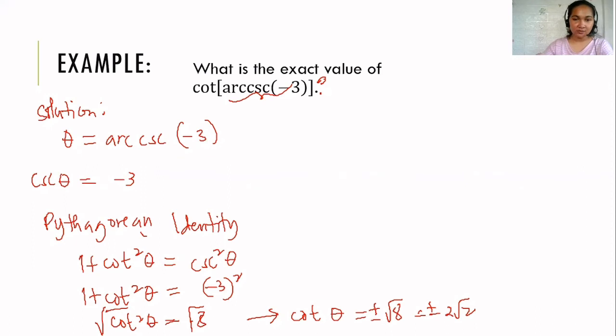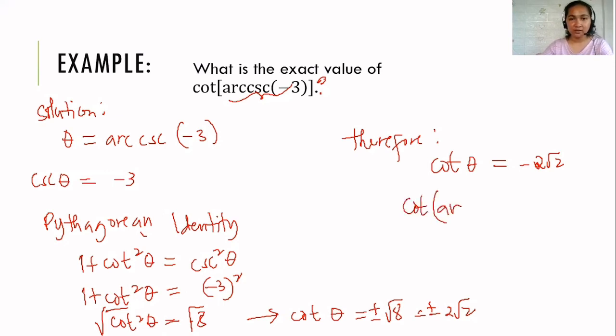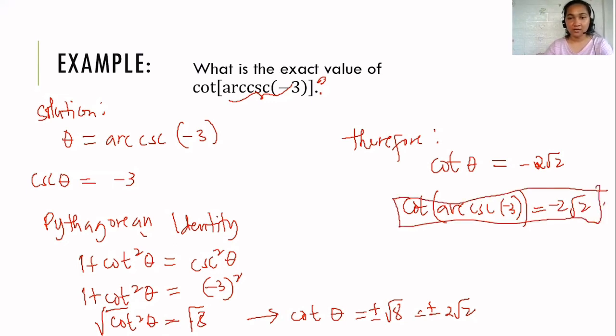That means we use the negative value of cotangent. Therefore, our conclusion: cotangent theta is equal to negative 2 square root of 2. Since theta is equal to arccosecant of negative 3, hence cotangent of arccosecant of negative 3 is equal to negative 2 square root of 2. And this is the value that we are looking for.